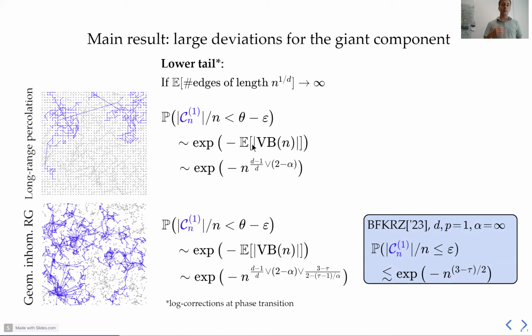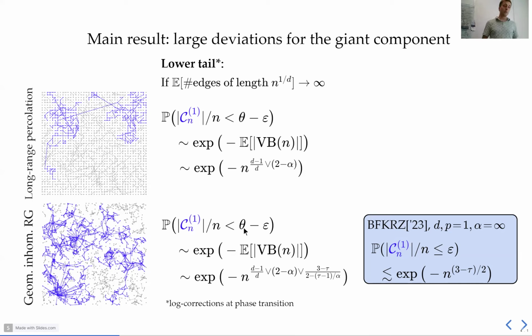So the probability of having the largest component smaller than epsilon times n is at most decaying stretched exponentially with the same exponent as we have. So if you take here on the left alpha to infinity, then you get exactly the decay that we see here on the right. And again, a main difference is that here this is for epsilon sufficiently small, and this result on the left is for any epsilon positive.